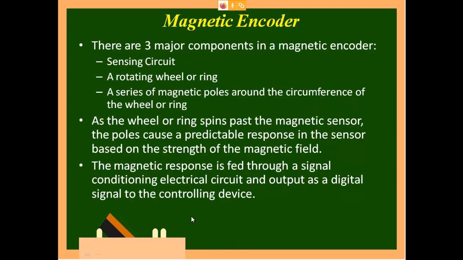There are 3 major components in a magnetic encoder: a sensing circuit, a rotating wheel or ring, and a series of magnetic poles around the circumference of the wheel or ring. The sensing circuit is something which is going to read your magnetic field.